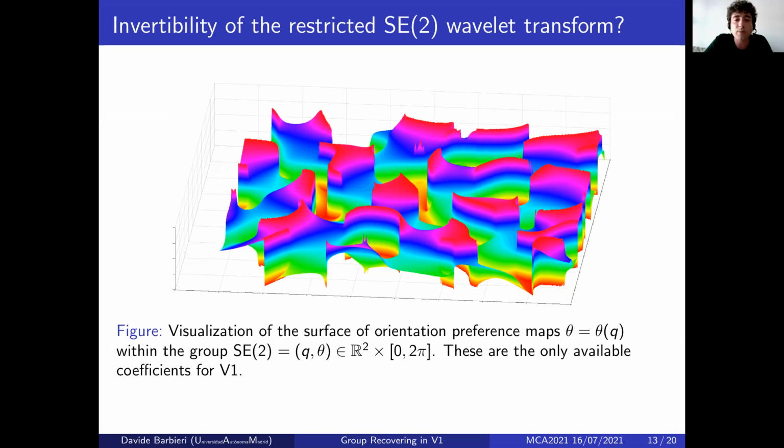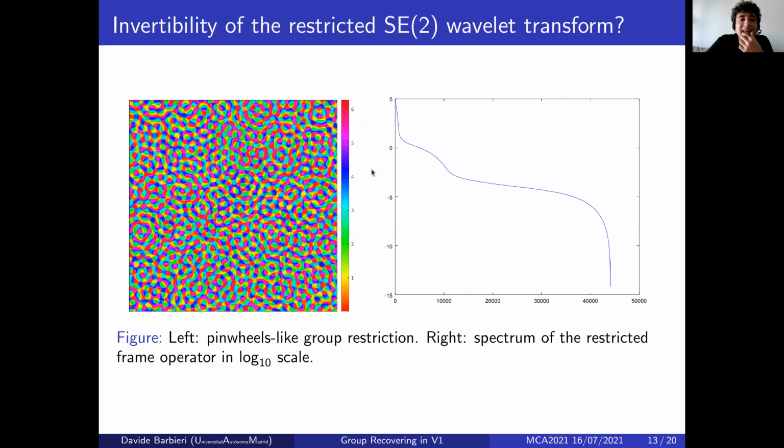Okay, so the problem is the visual cortex restricted to this two-dimensional set, now with this interpretation of having over each of these points just one function localized there for producing the restricted wavelet transform.